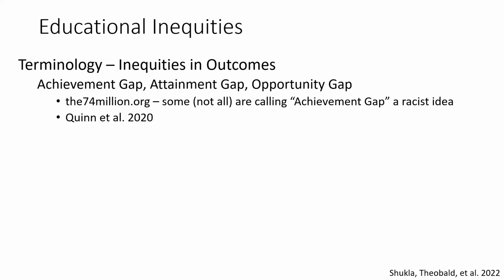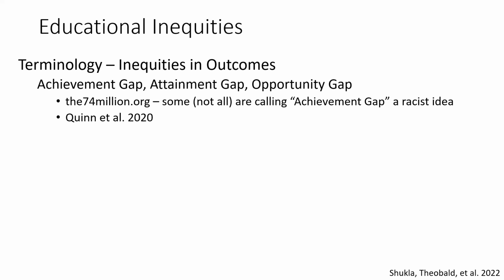In education, there has been a relatively rapid move away from these terms, actually. And in my mind, as somebody who really cares a ton about data and is very compelled by data, this Quinn paper really clearly demonstrates that when we use achievement gap discourse, it imbues a deficit mindset in the listener.